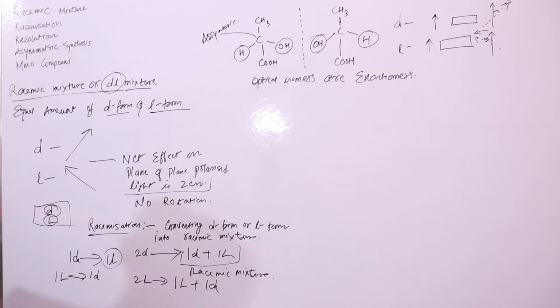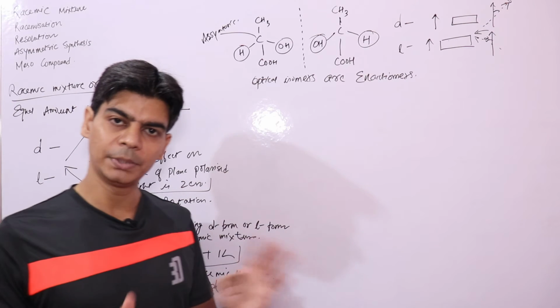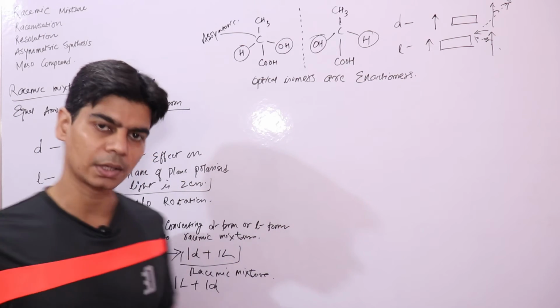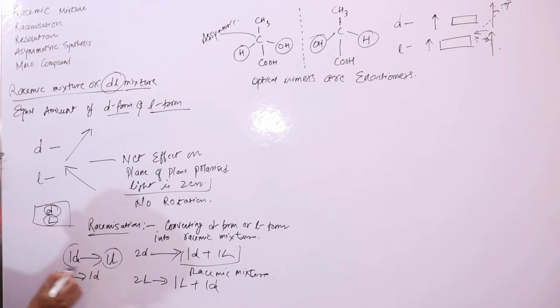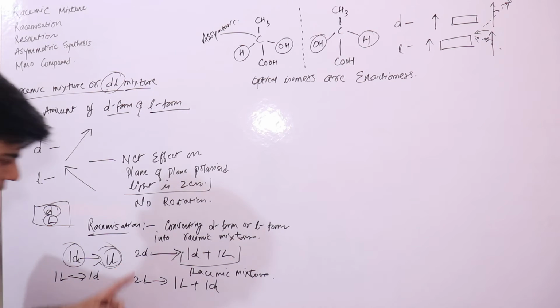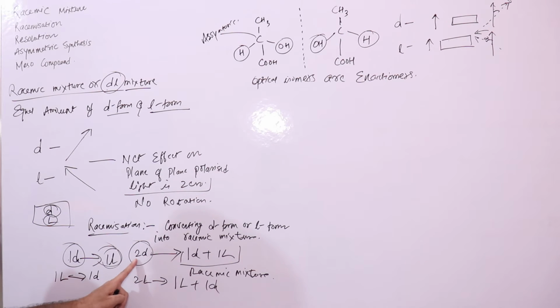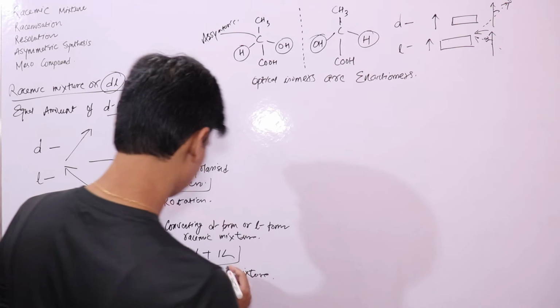D and L forms are enantiomers of one another. So you are converting half of the optically active substance or compound into its enantiomer.